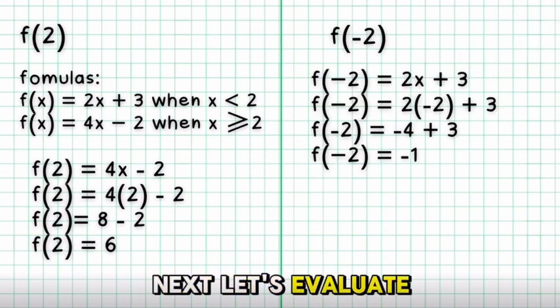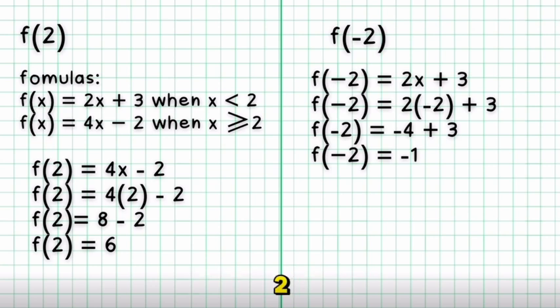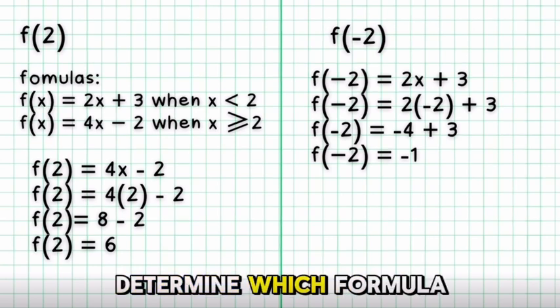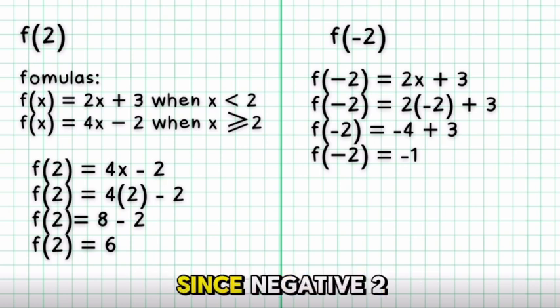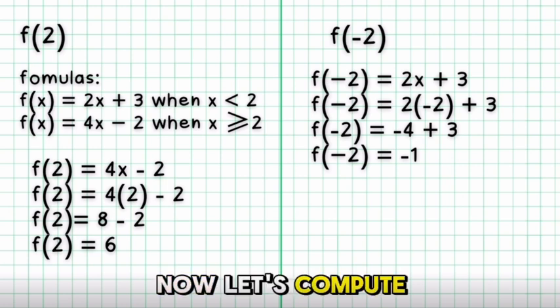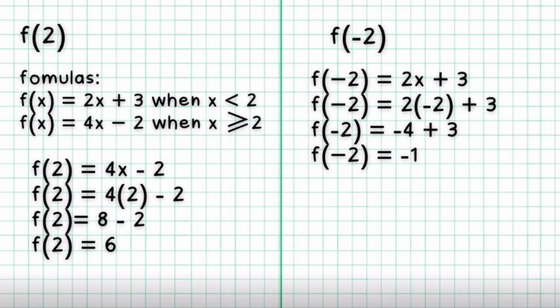Next, let's evaluate f of negative 2. To do this, we again check the piecewise function to determine which formula to use. Since negative 2 is less than 2, we use the formula f of x equals 2x plus 3. Now, let's compute for f of negative 2. F of negative 2 is equal to 2x plus 3.